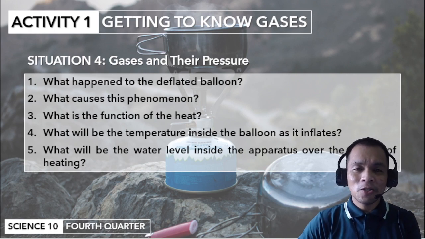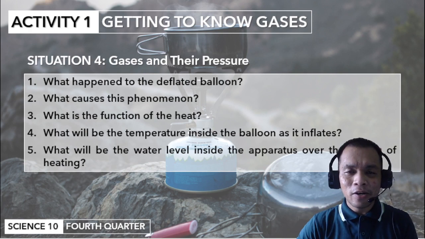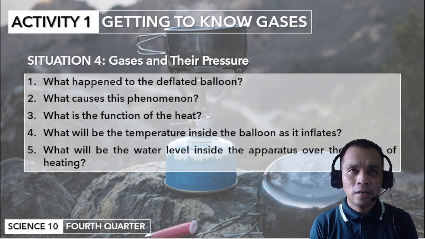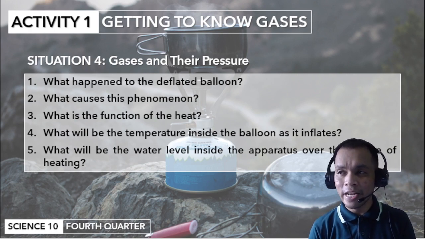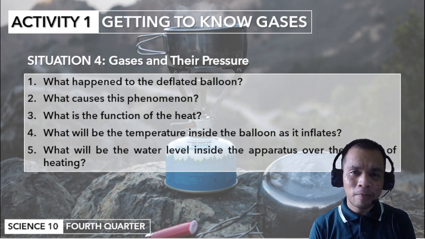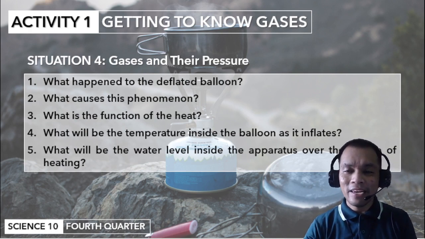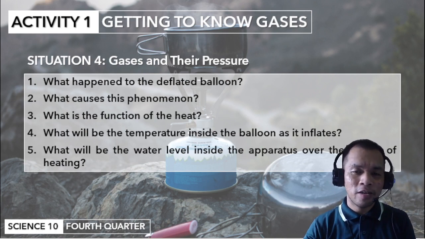Because the water boils, obviously the water level would go down, because the water turns into steam, and eventually that steam will fill out the balloon because of pressure. Thank you for these wonderful observations, my dear students.